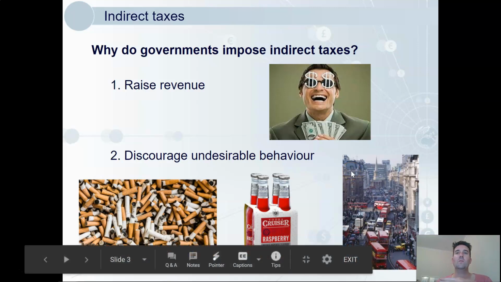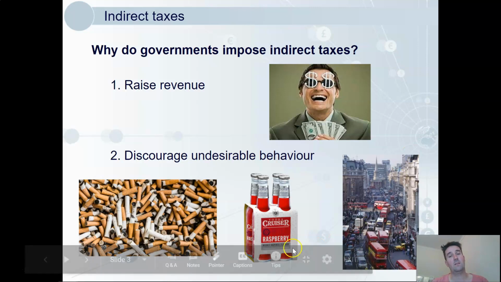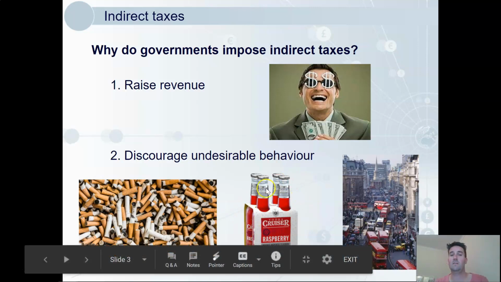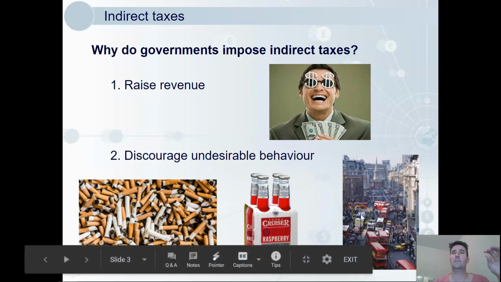But governments also use indirect taxes because they want to distort the market. A general principle of economics is that if you want people to stop doing something, you tax it. So you alter their incentives. Classic examples of taxes being used in this way are cigarettes, alcohol, and something that we see a little is to limit congestion in cities.